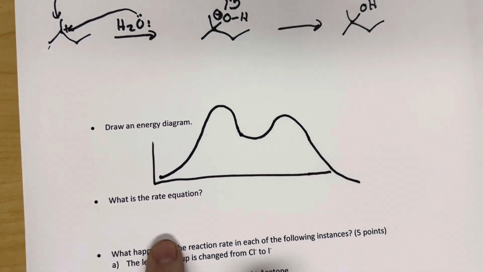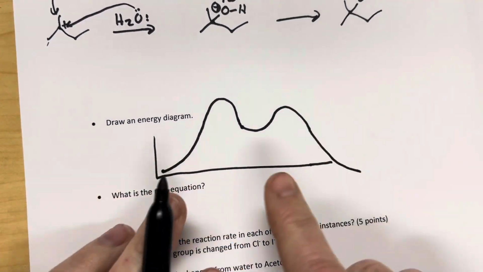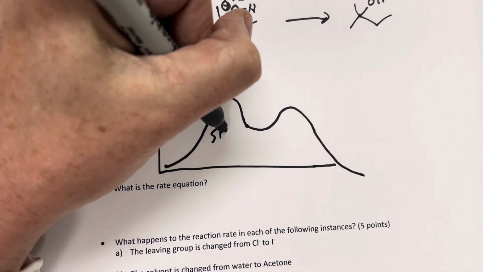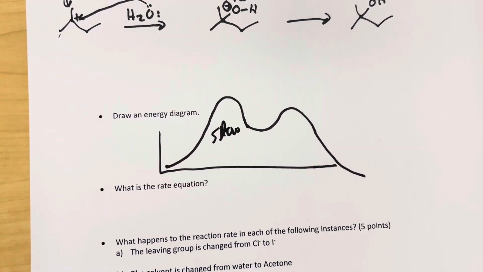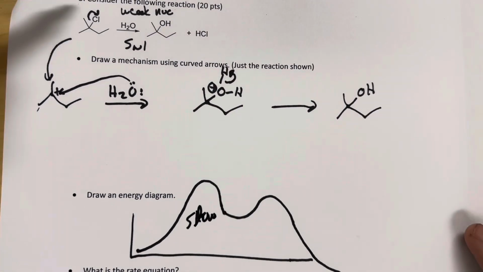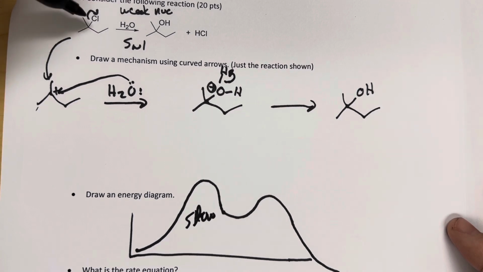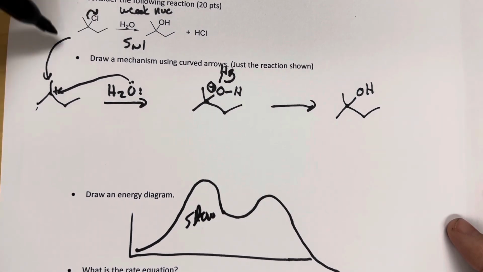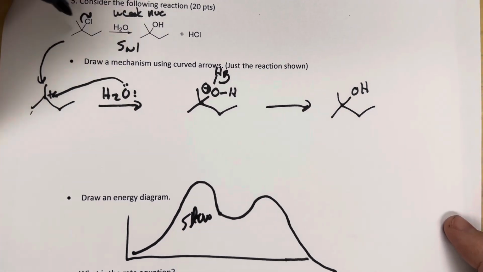It asks for the rate equation because this is the slow step. Remember, the rate equation is only based on the slow step, the one that took the most energy, essentially. And in this case, this was the slow step right here. And it only depended on this amount of material that we had.